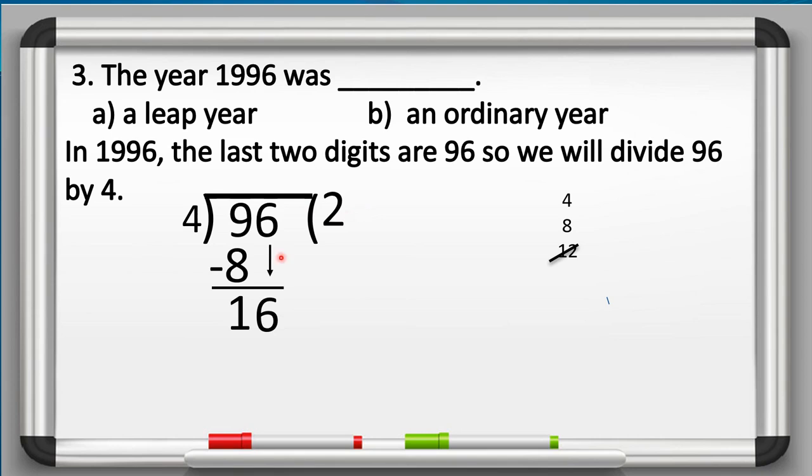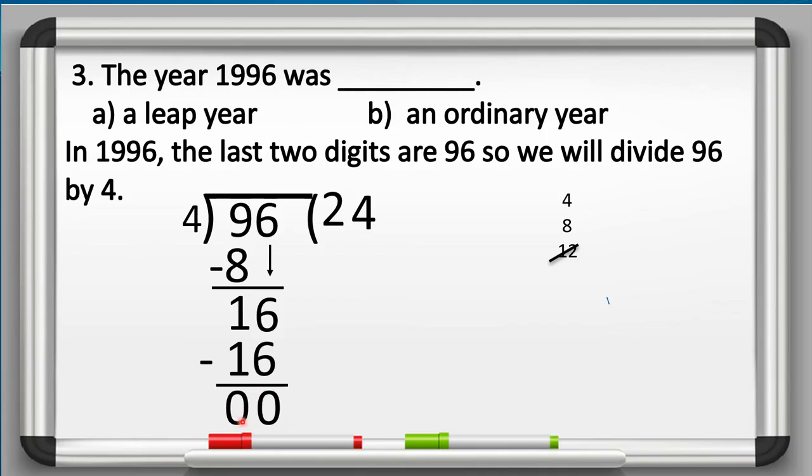So we will write 16 below 16 and at the quotient place we will write 4 also. Now we will subtract. 6 minus 6 is equal to 0 and 1 minus 1 is also equal to 0. So here 24 is the quotient and the remainder is 0.